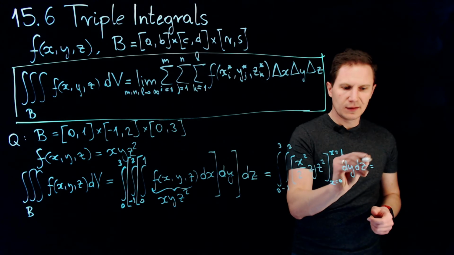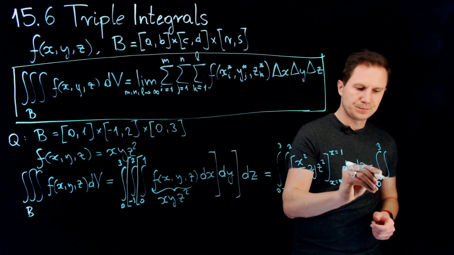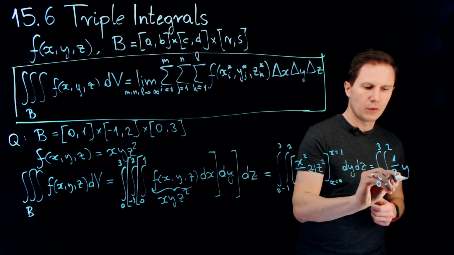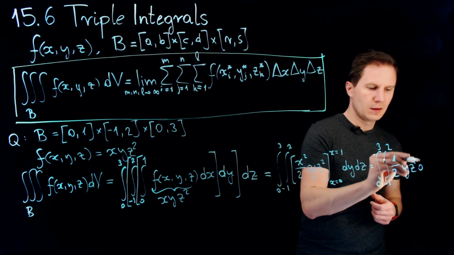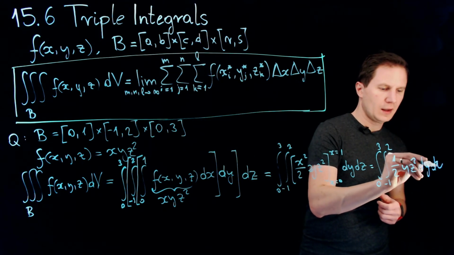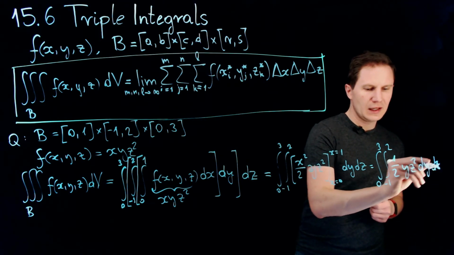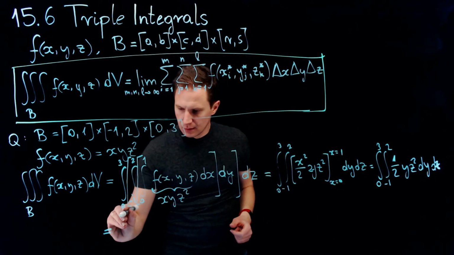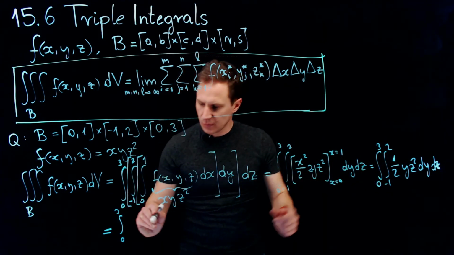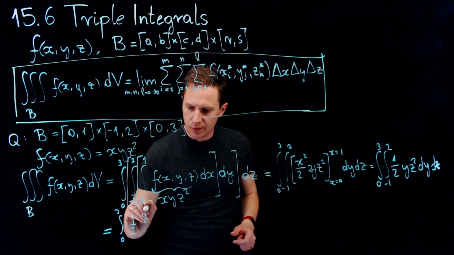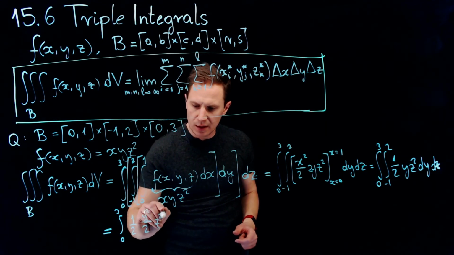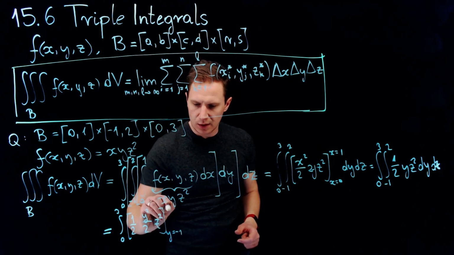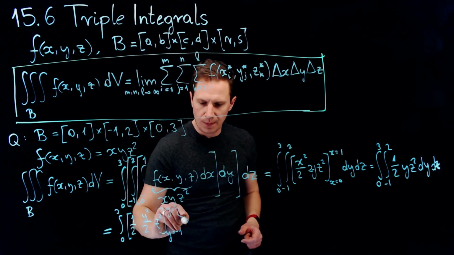So that evaluated gives us 1/2 times y times z squared. So now we can move on to integrate with respect to y to get 1/2 times y squared over 2 times z squared, as y changes between -1 and 2.